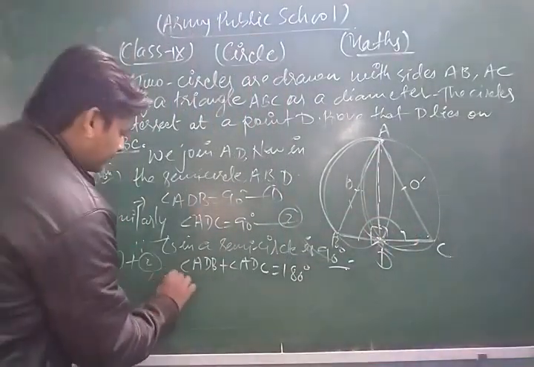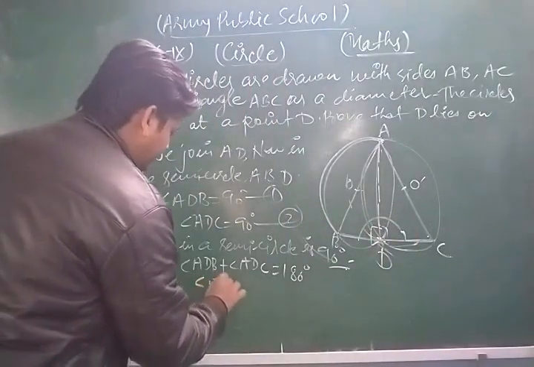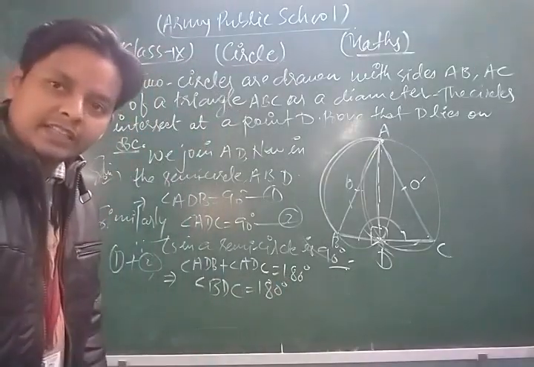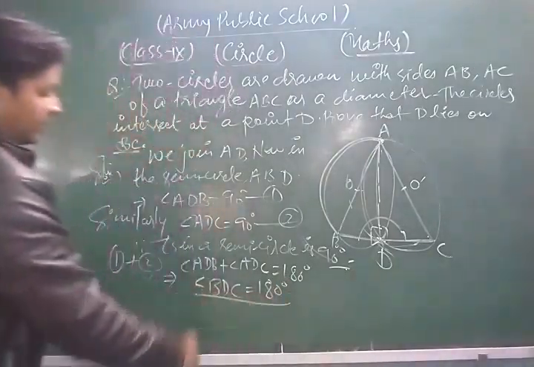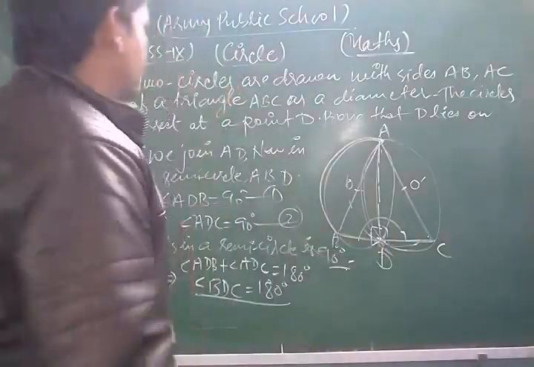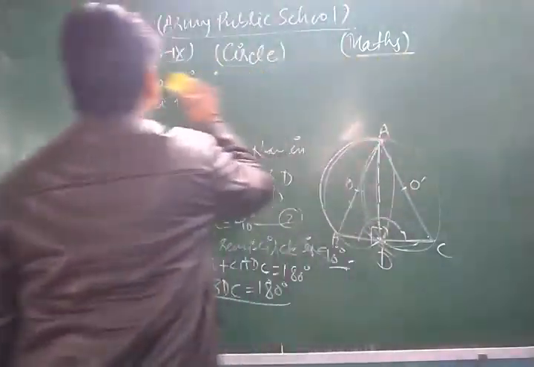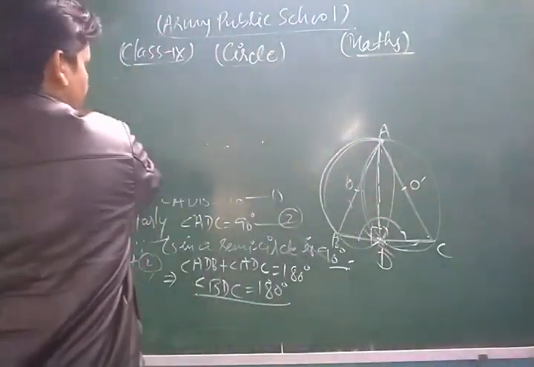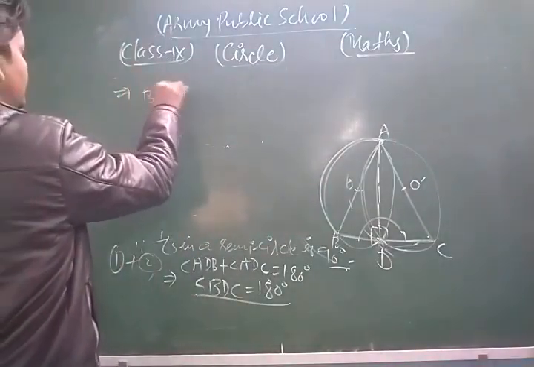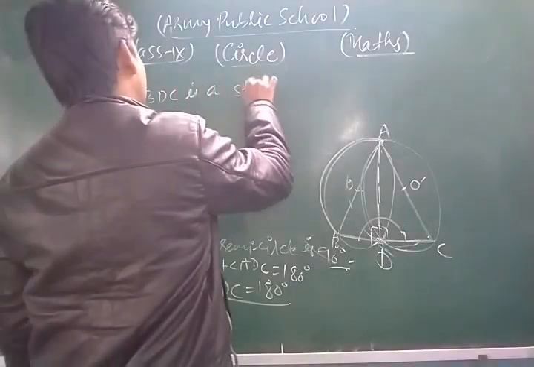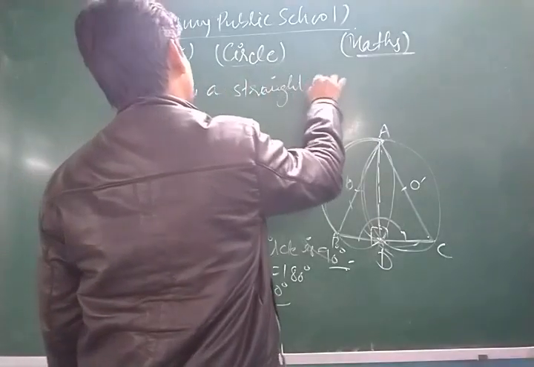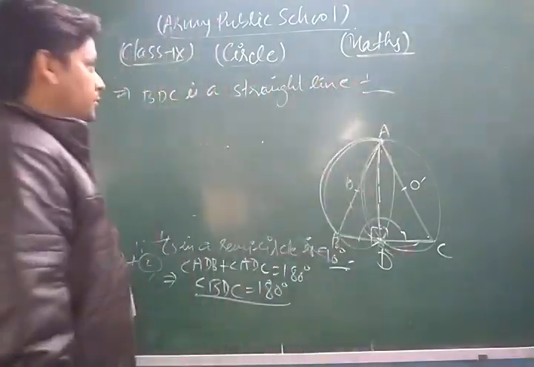So angle BDC is equal to 180 degrees. Thus, in this way, dear student, BDC is 180 degrees, so BDC is a straight line.